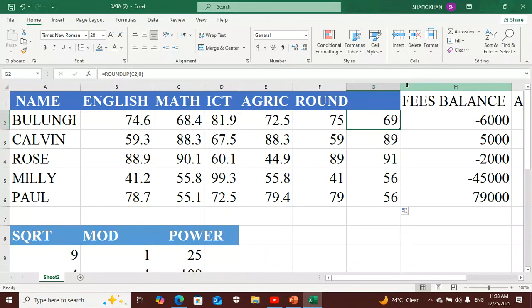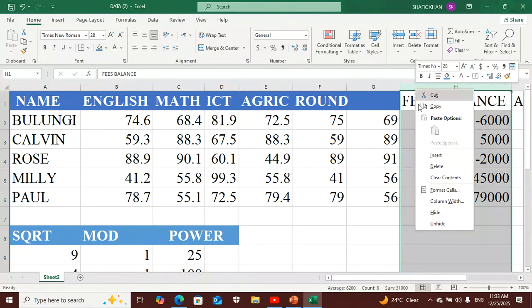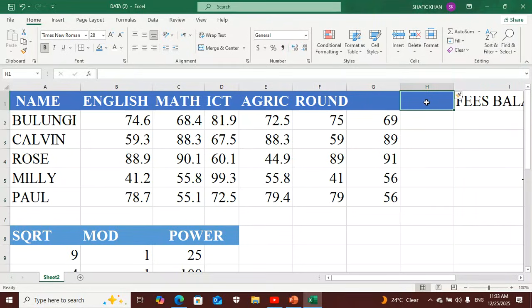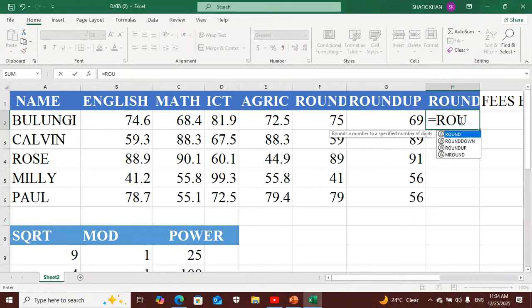Let's try to look at the round down now. Let's compute this for the round down. Not forgetting, this is round up, and we are using this as the round down. We show this is equals round down.